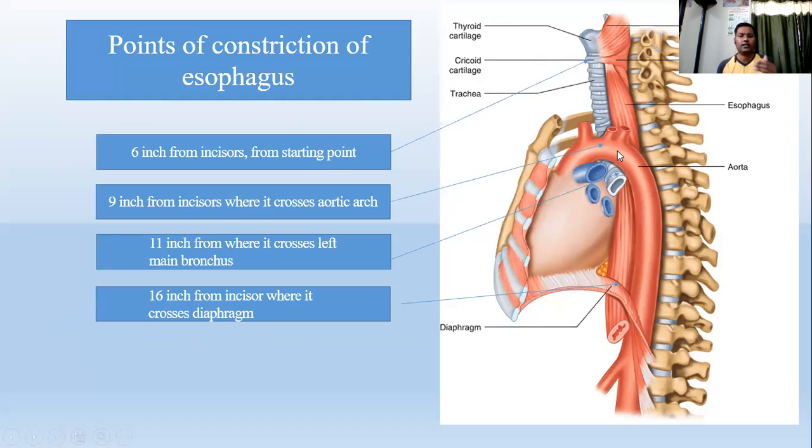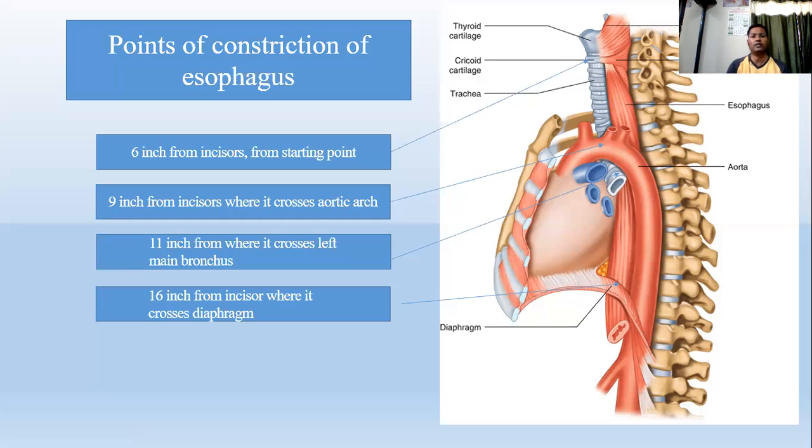So this is the second narrowest part, where obstruction can happen also. We always identify the distance from the incisors, because when we insert something, an endoscope or any tube, to measure where the obstruction is, we always count the length from the incisors.